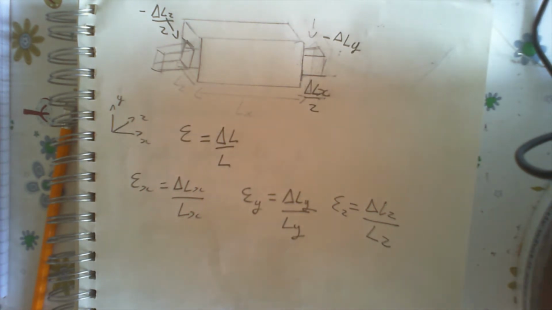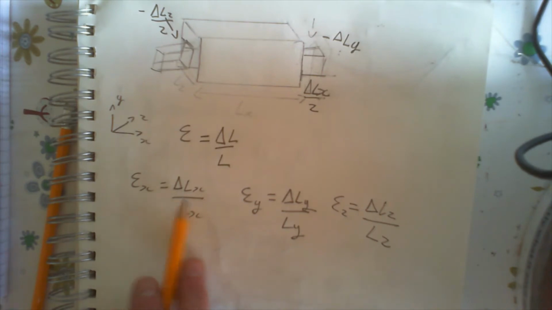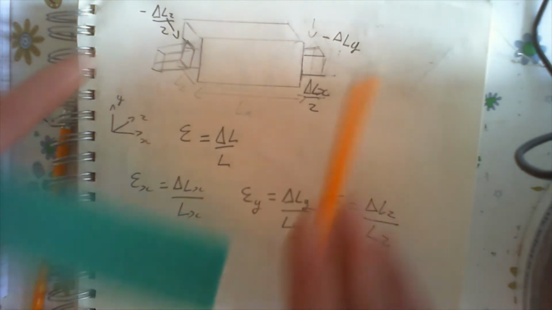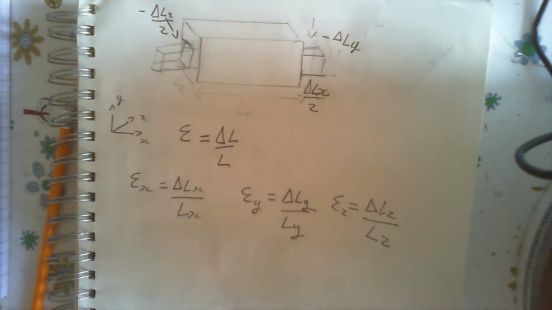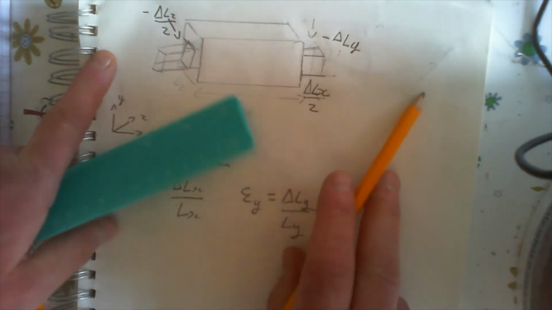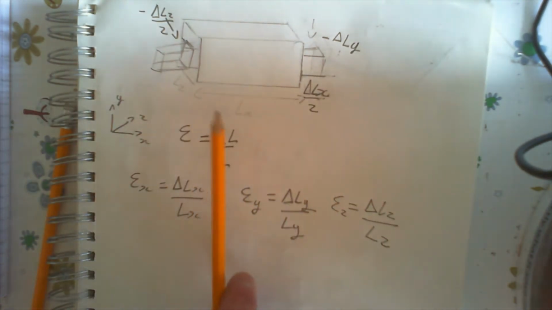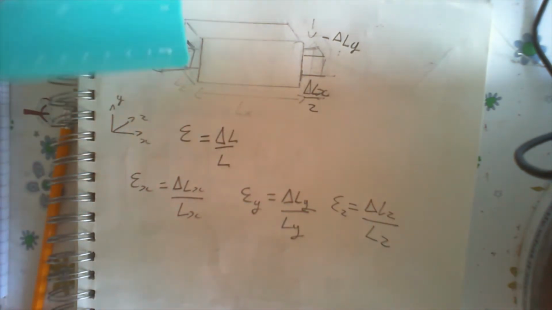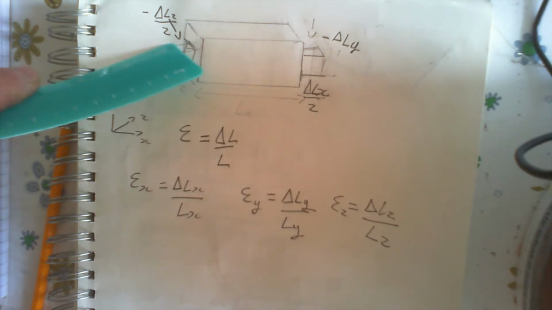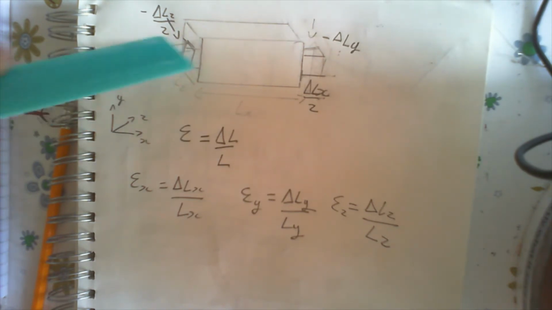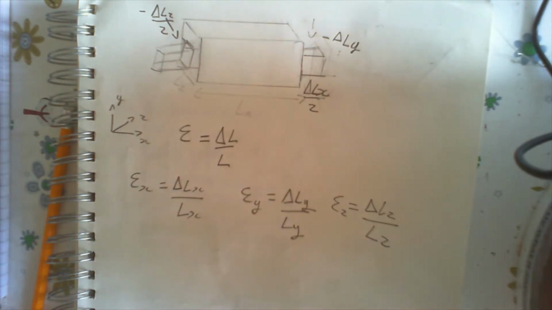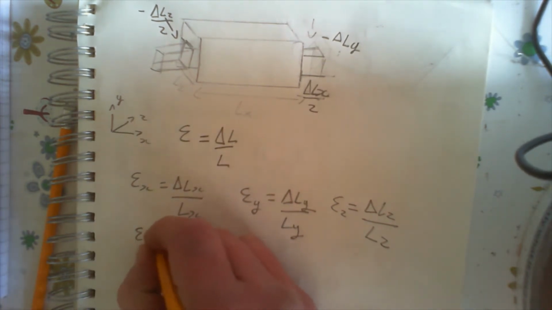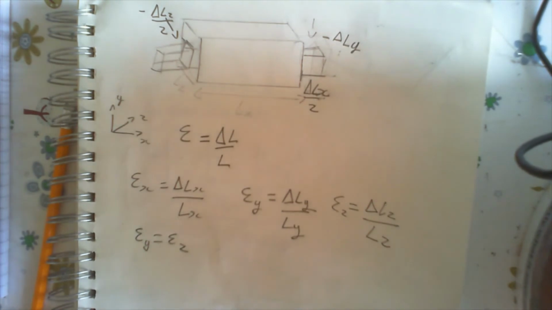But what happens is the amount of strain in the y and the z directions is equal for an isotropic material. So you can say that the strain in y equals the strain in z.